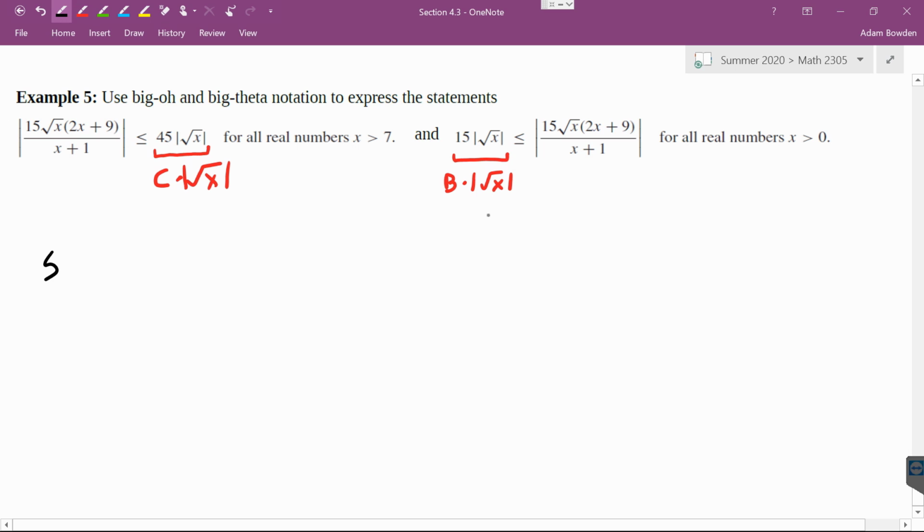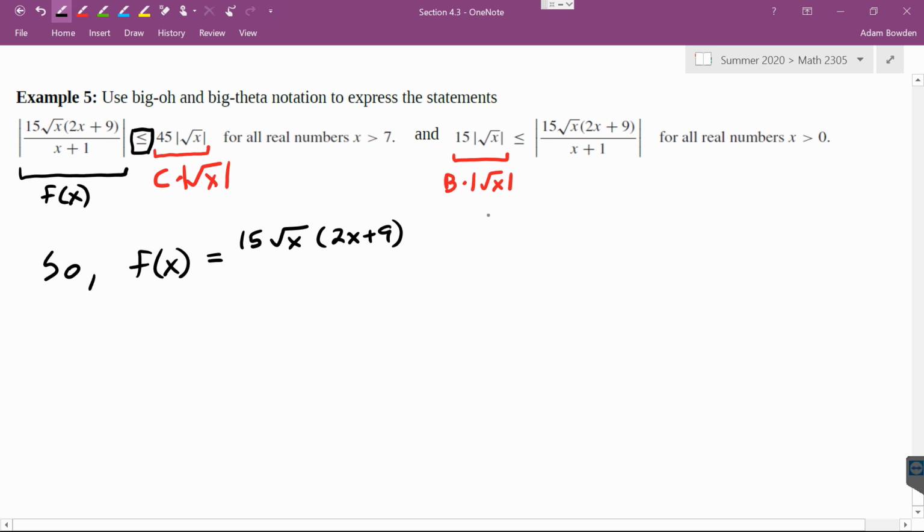So, since this thing here is less than a constant times the absolute value square root of x, we can say that, let's call this f of x for the function. So f of x equals 15 square root x times 2x plus 9 all over x plus 1, and the fact is that f of x is big O of the square root of x.